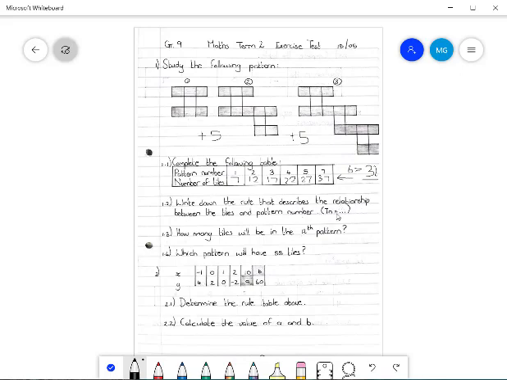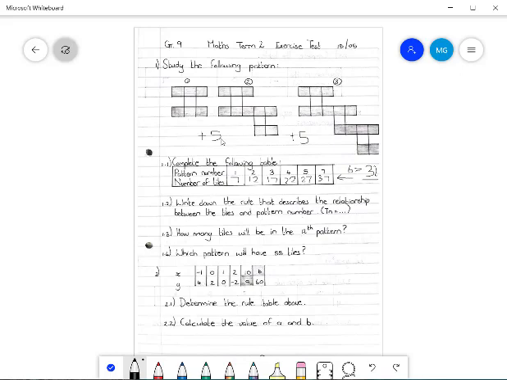Now the nth term is any term. Okay, so I could ask you for term 5 or term 50 or term 100. So if I give you any number or any term, you need to be able to figure out how many tiles there will be at that term number.